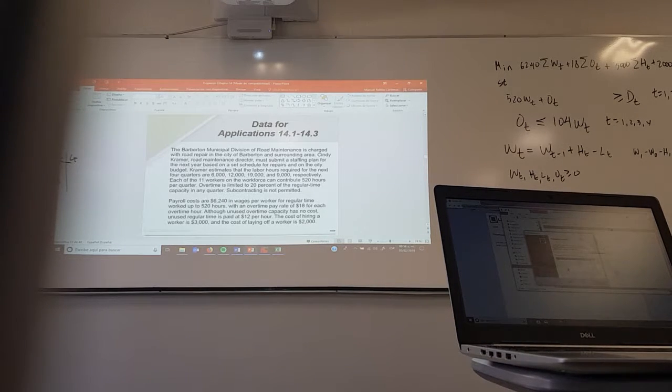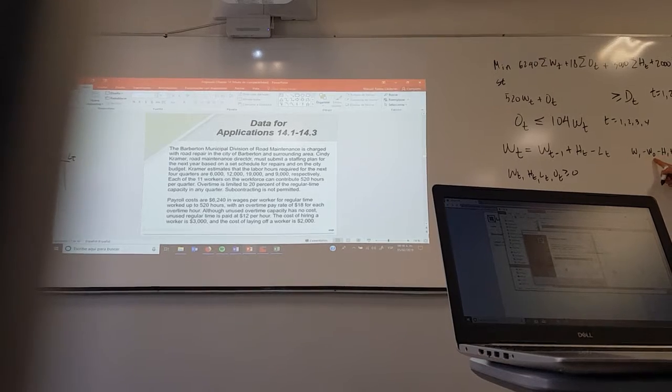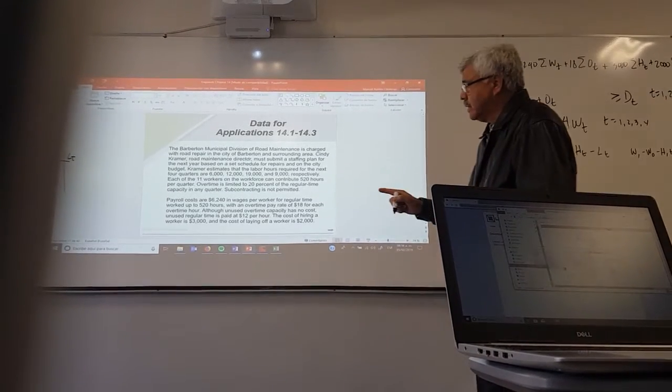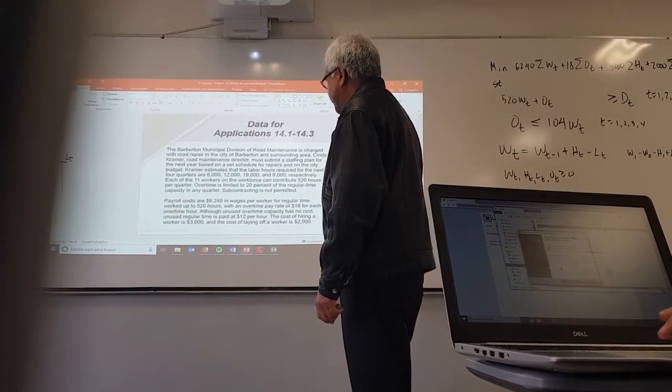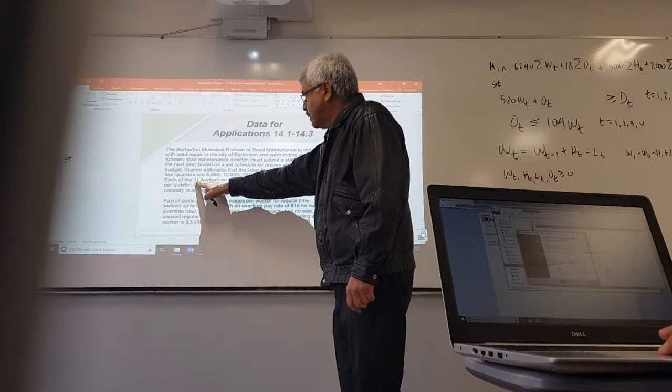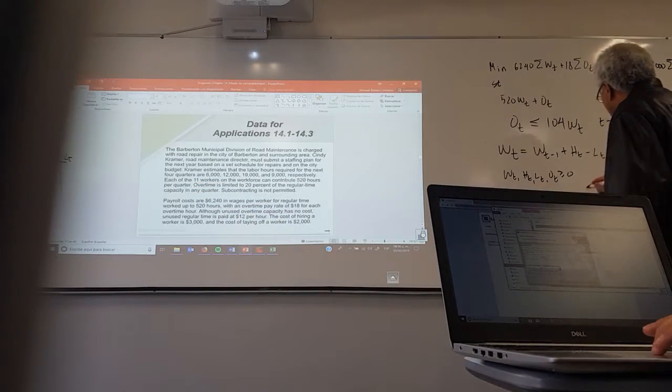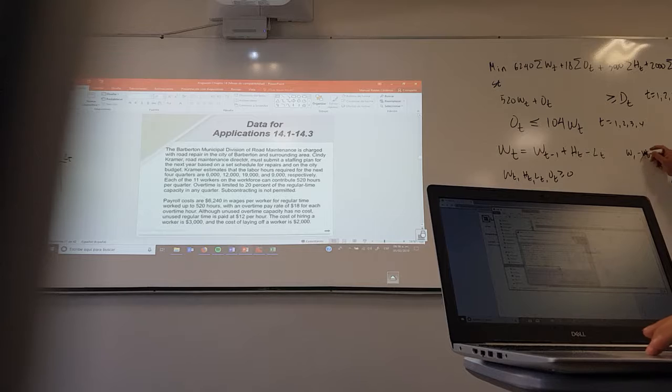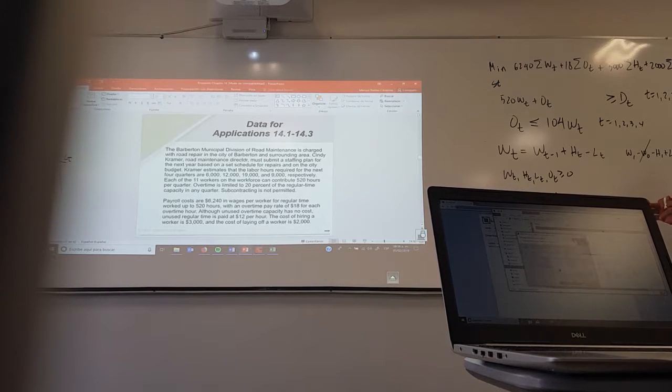But W0 is the number of workers at the beginning, 11 workers, so I'm going to take these 11 workers and put them over here. All the other constraints are going to be just as you see here.